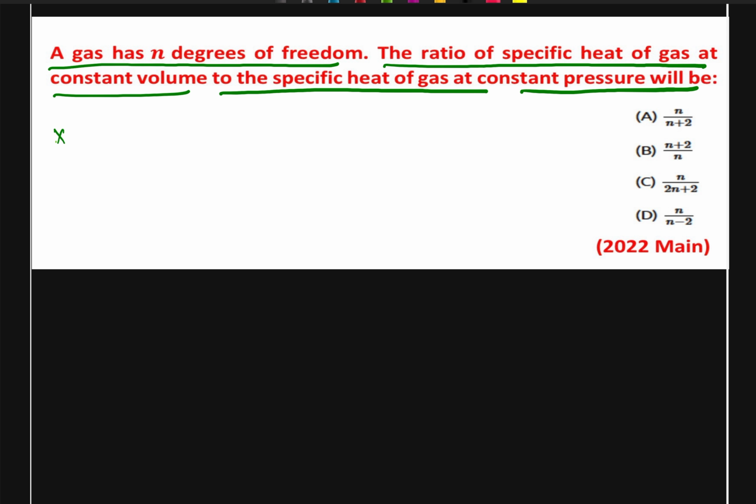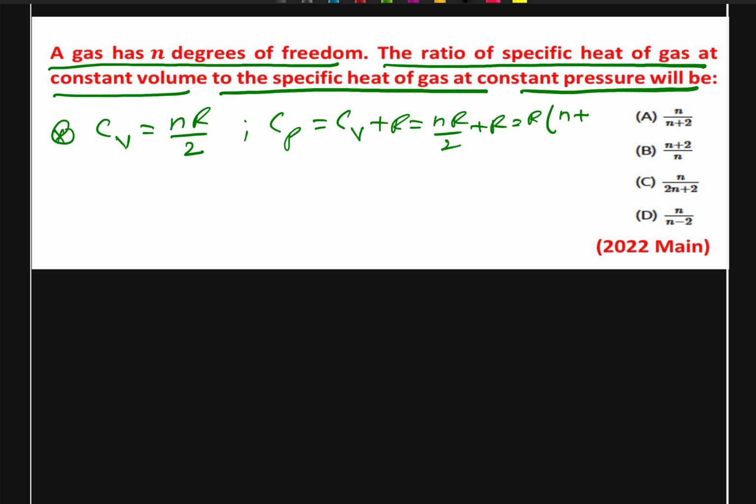Therefore, we can write that our Cv will be equal to nR divided by 2, and our Cp, which is our Cv plus R, will be equal to nR by 2 plus R. So R we can take as common, so this will be (n plus 2) divided by 2.